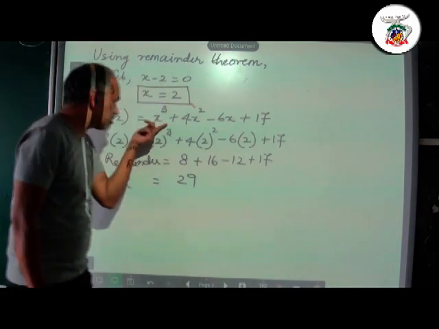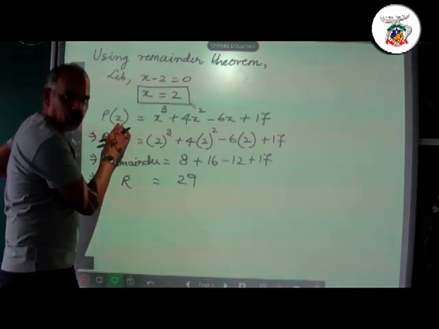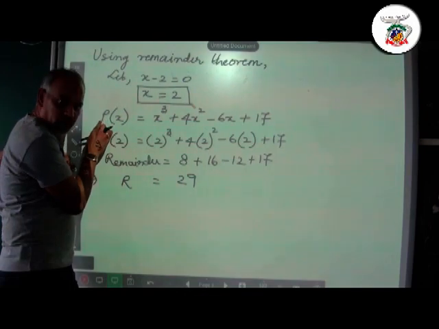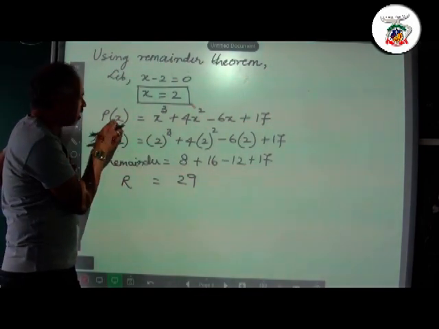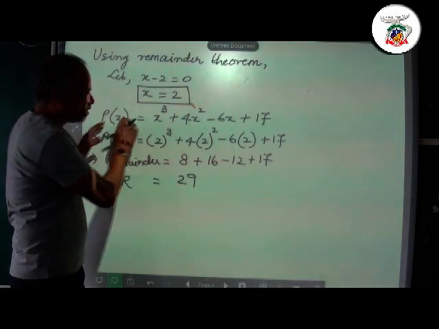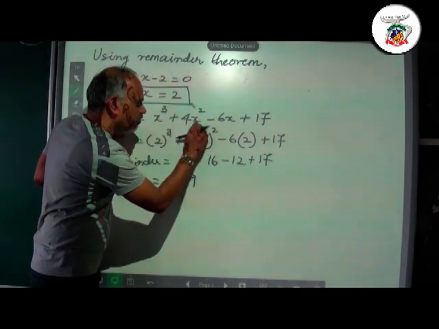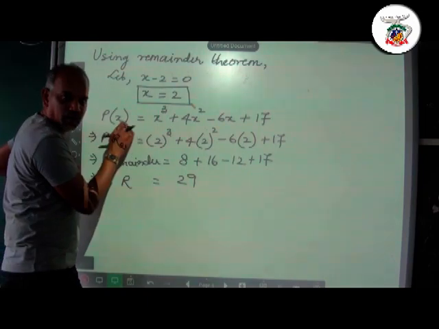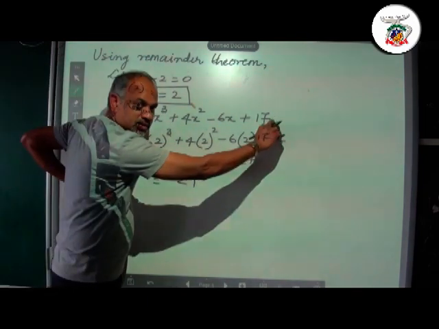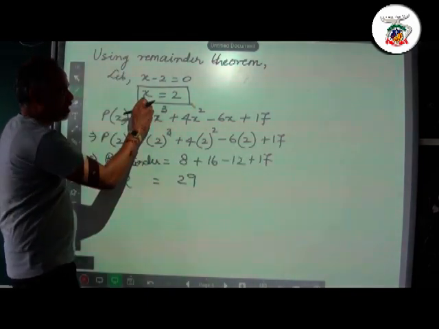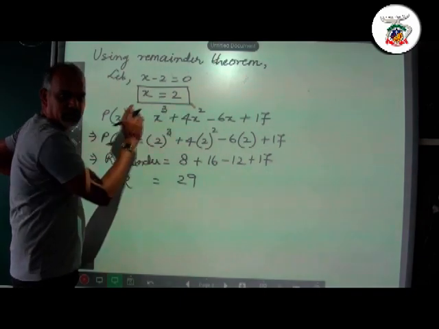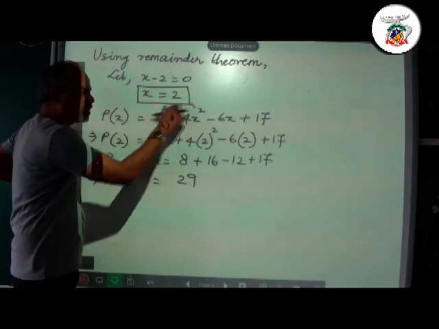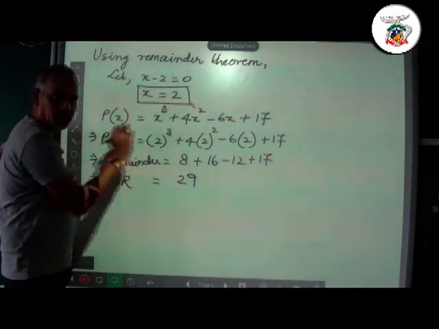Now I have written this as p of x, meaning a polynomial. P stands for polynomial in terms of x. You can see it's a polynomial in terms of the unknown variable x. So that's why p of x is the polynomial. Now you know that the x value is 2, so put x is equal to 2 in this polynomial.